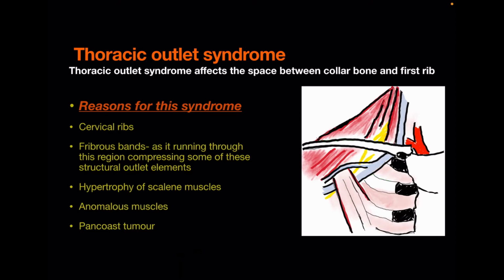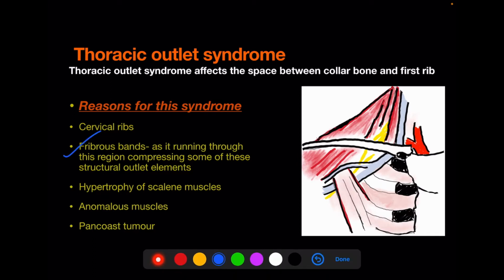Now coming to our next point, that is fibrous bands. It's running through this region, compressing some of the structural outlet elements. It's just the same concept as the previous one. Now the next one is hypertrophy of skeletal muscles.